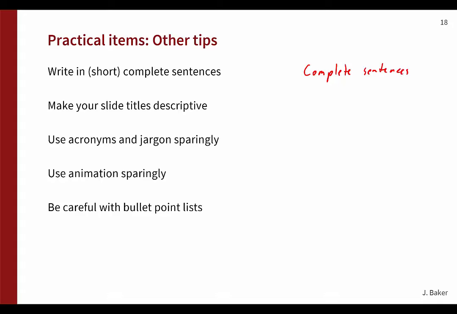And then also be careful with bullet point lists. There's a few slides in this presentation where I violated that. You probably can sense just by looking at this slide here, this is not a very interesting slide visually. There's lots of text here that, some of it I started talking about several minutes ago, and I didn't get to this last one until just now. So the timing of things and the conveying of information is not great.